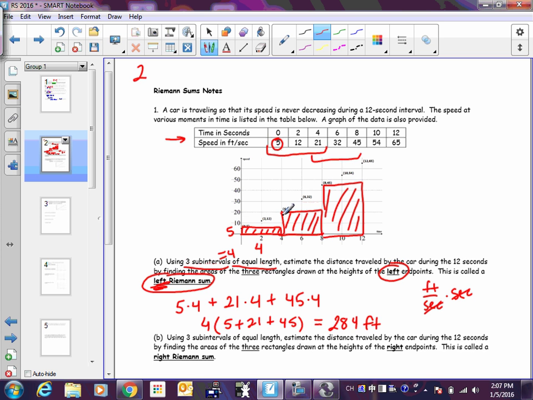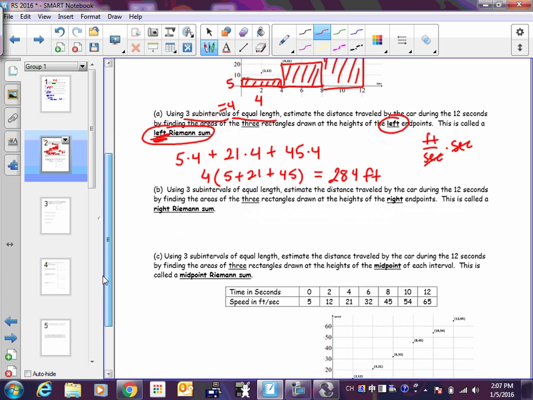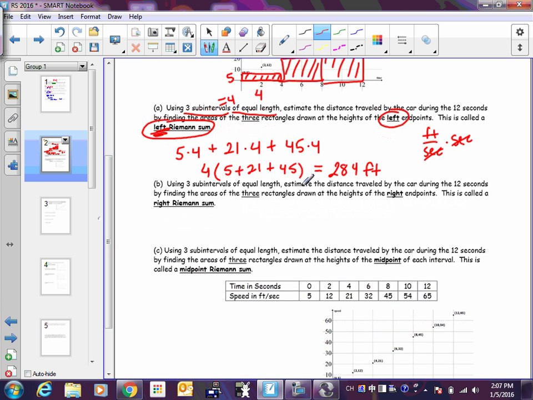Look at the velocity. It increased, right? So would you say this is an over or an under approximation? Under. Okay, under because the speed was increasing. All right, and we're going to focus more on that whole over and under stuff tomorrow. But I just wanted to kind of get it in a little bit today.